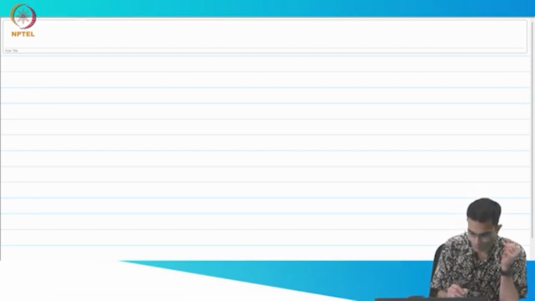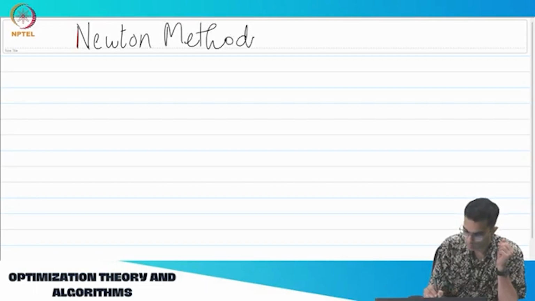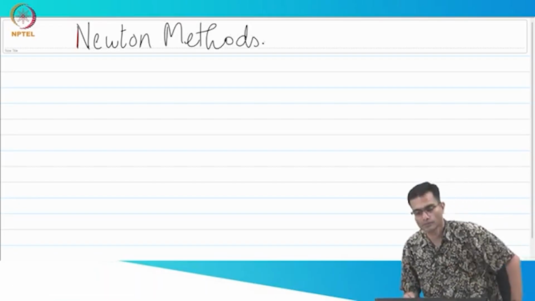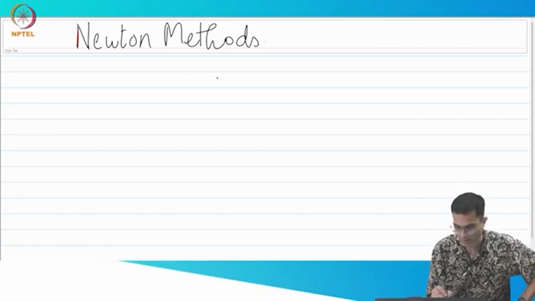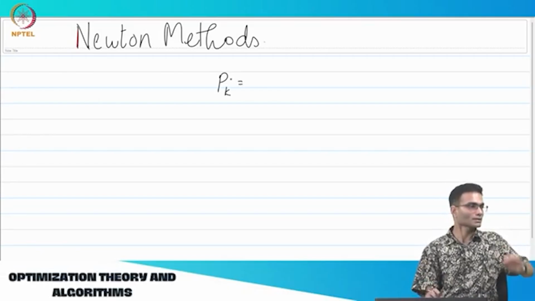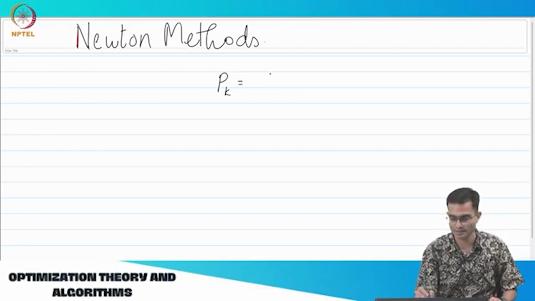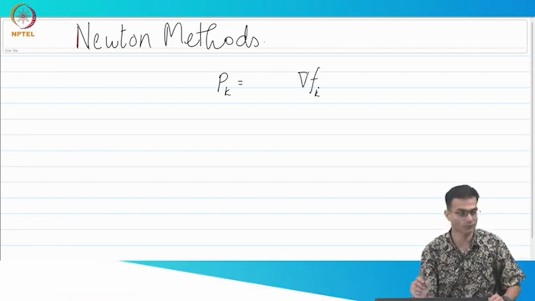So we are talking about Newton methods. The general recipe of the Newton method we saw last time is that I am going to write the search direction as something times the gradient of the function. What is that something?